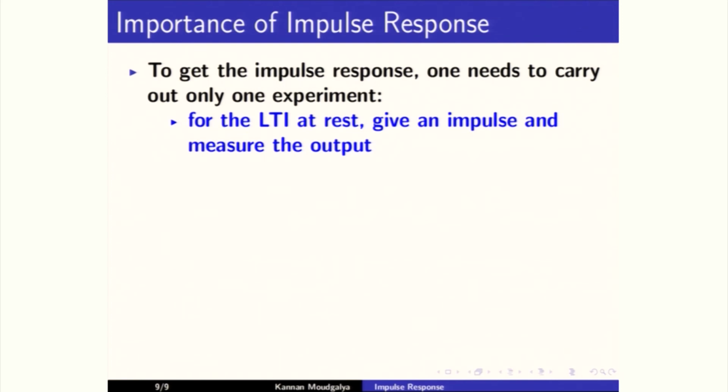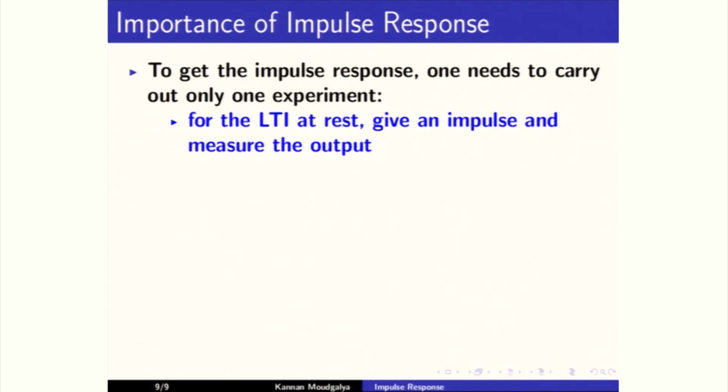You do not have to measure g of n minus 1, you do not have to do another experiment at n equals 2 and so on. You have to do the experiment only once and only once. That impulse should come at n equals 0, you just measure the output, you call it g of n, that is it. If you want g of n minus 1, you just shift it by 1. You want g of n minus 2, just shift it by 2 and so on.